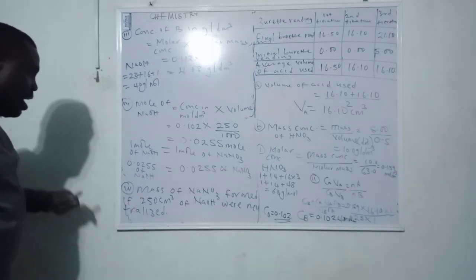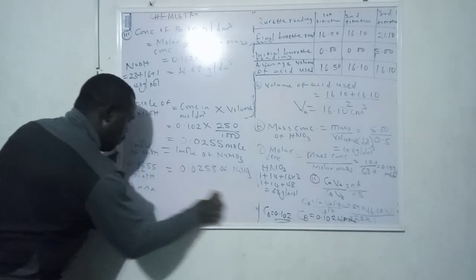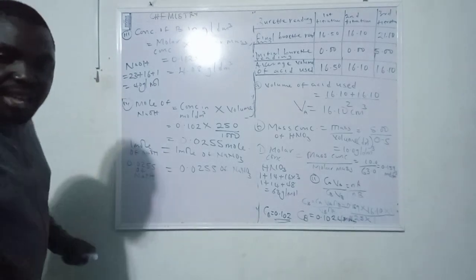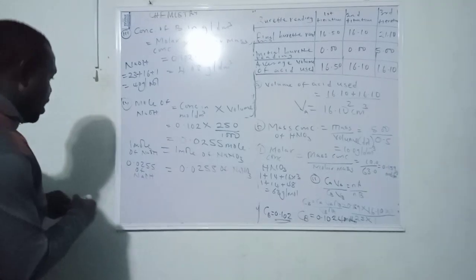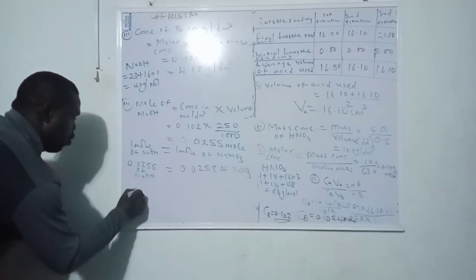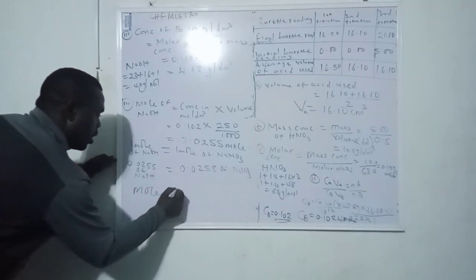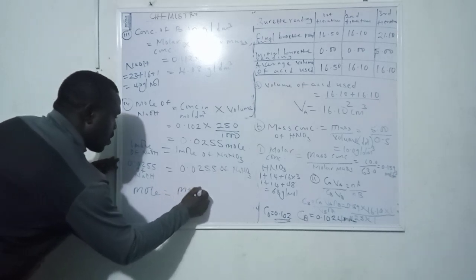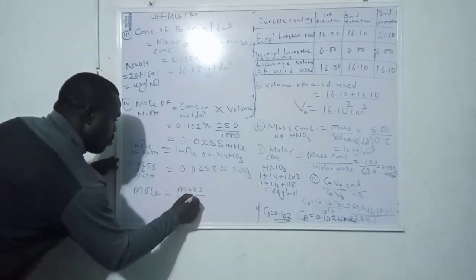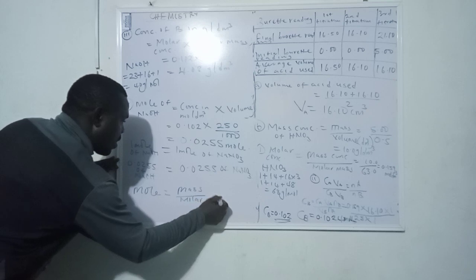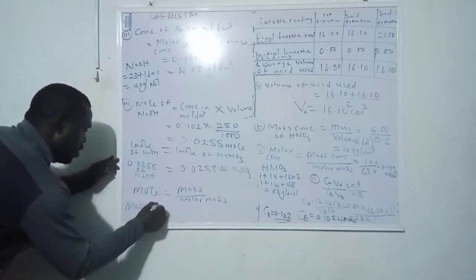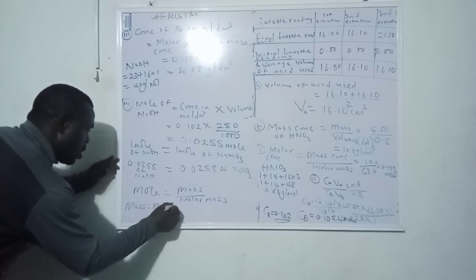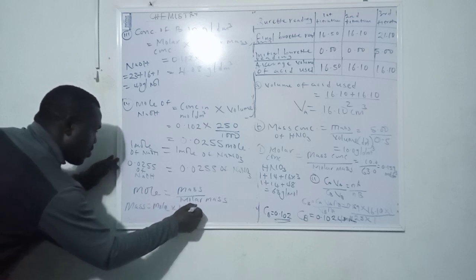So to find the mass, we now use a formula that says mole is mass over molar mass. Mass therefore is mole times molar mass.